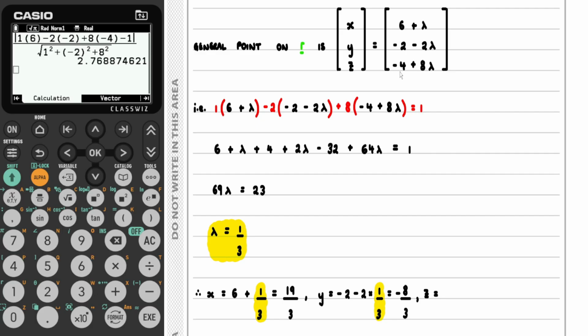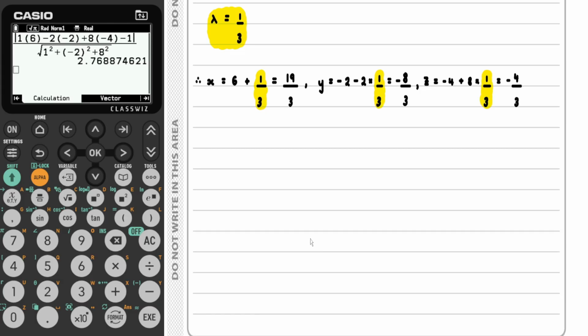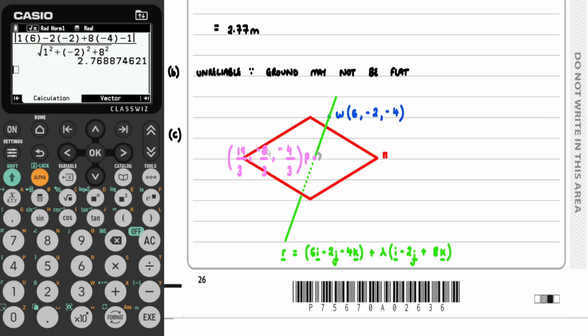And for z, we'd have negative 4 plus 8 times by lambda, so we have 8 times by a third, and it turns out we get negative 4 over 3. Meaning, the coordinates of P will be given by 19 over 3, negative 8 over 3, and negative 4 over 3. And that is shown here.